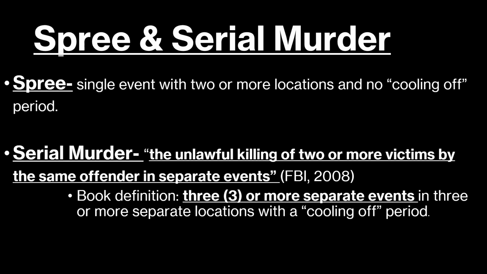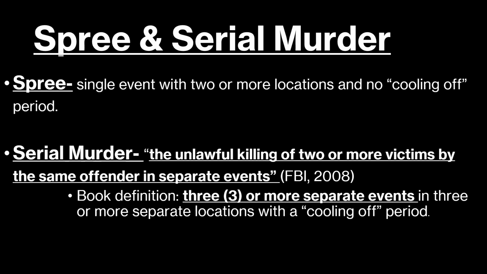Well, that's where we start talking about spree and serial murder. Spree is a single event with two or more locations and no cooling off period. We're going to talk about this cooling off period because that's a very important aspect to help us differentiate between spree and serial murder.